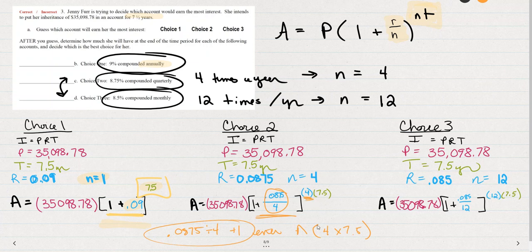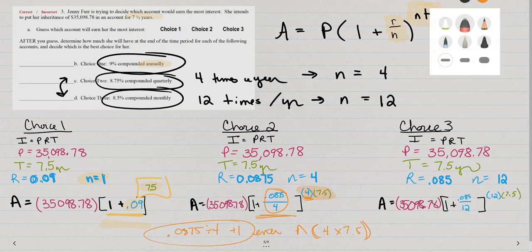But by putting this in parentheses, it'll raise that base to that whole exponent. Now what does that 4 times 7.5 tell us? It means something's happening quarterly. It's happening 4 times a year. For 7.5 years, that's a total of 30, right?